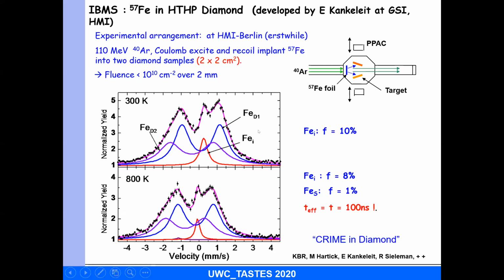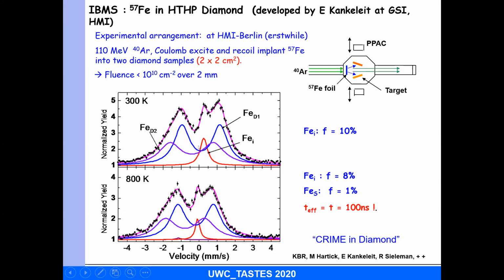As an example, I show you here a spectrum collected on a diamond sample. Two by 2 centimeter natural diamond samples are not really available, so we used a synthetic diamond sample produced in the high temperature, high pressure process.